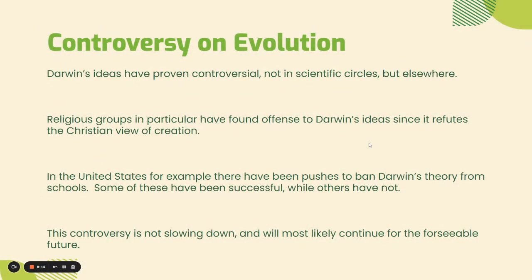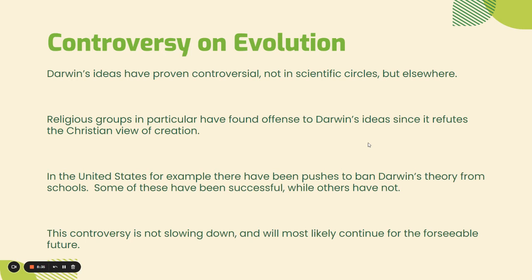Of course, with any big idea like this, there's always going to be a little bit of controversy, and his ideas have proven to be controversial. There's general scientific consensus on it, but outside of the scientific circle, people disagree. Religious groups in particular have found offense to Darwin's ideas since it refutes the Christian view of creation.